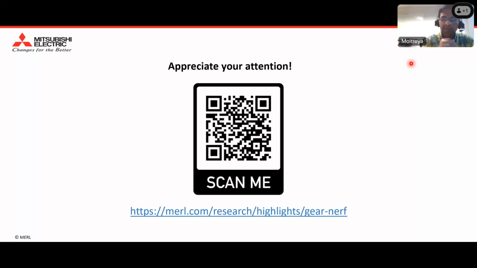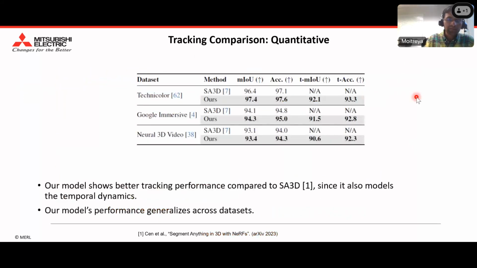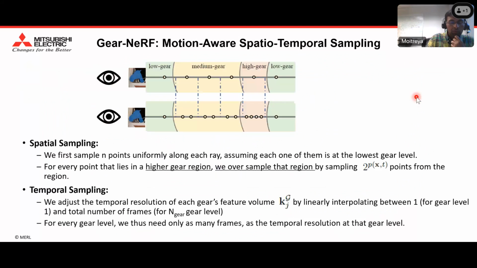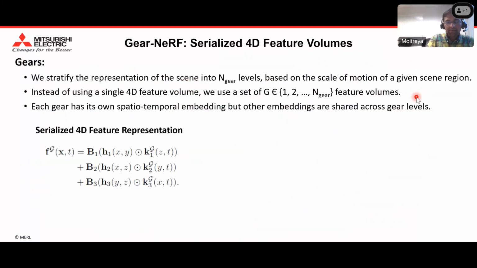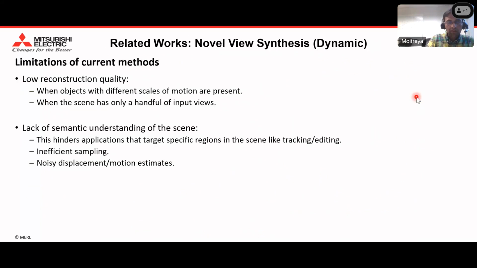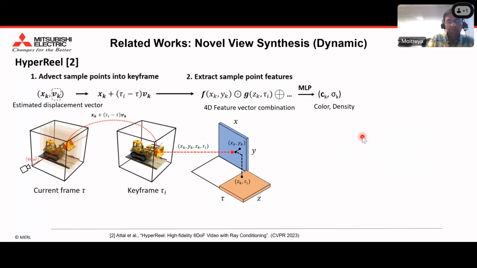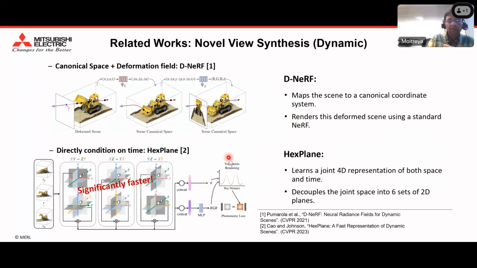That's actually an excellent question, and it was one of the core motivations for addressing this problem of novel view rendering in the best possible way. Because the existing approaches, whether you consider the method called HyperReel, or approaches like DNeRF and HexPlane, none of them have a semantic understanding of the scene.